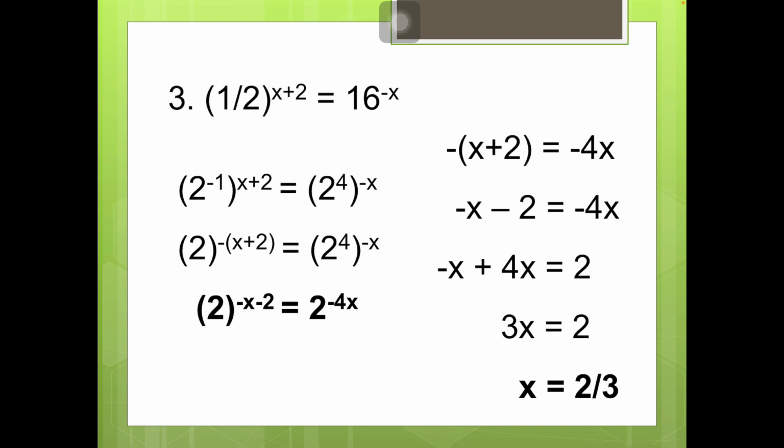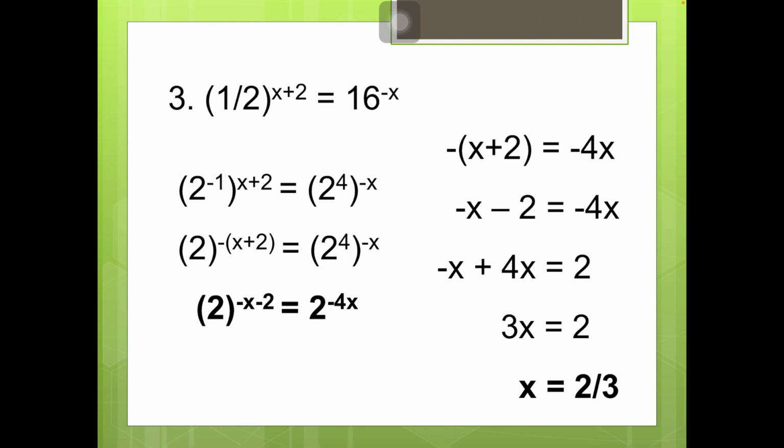Negative x plus positive 4x, because when you transpose negative 4x it becomes positive 4x. And then negative 2 will be transposed to the other side and will become positive 2. Then combine like terms, negative x plus 4x becomes 3x is equal to positive 2.